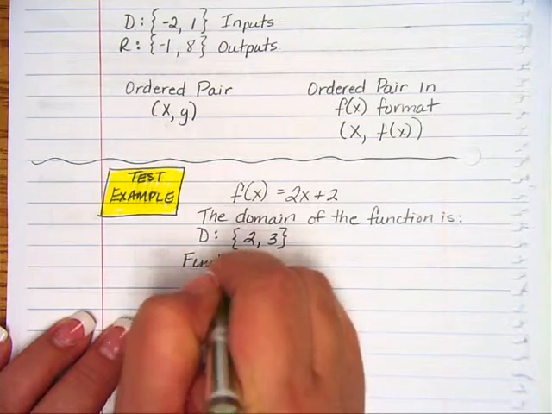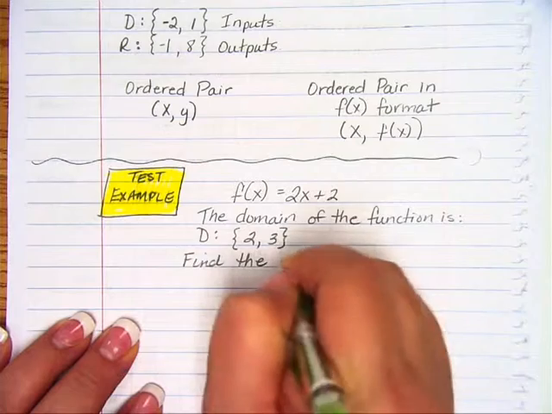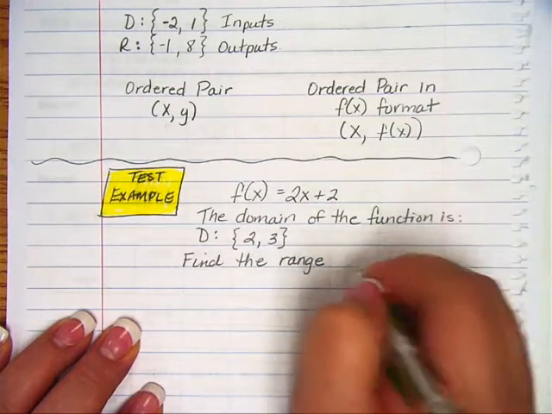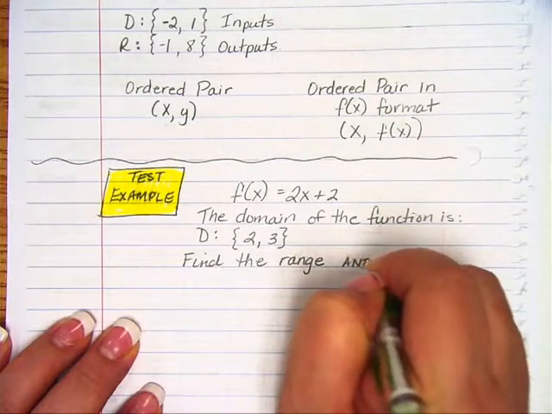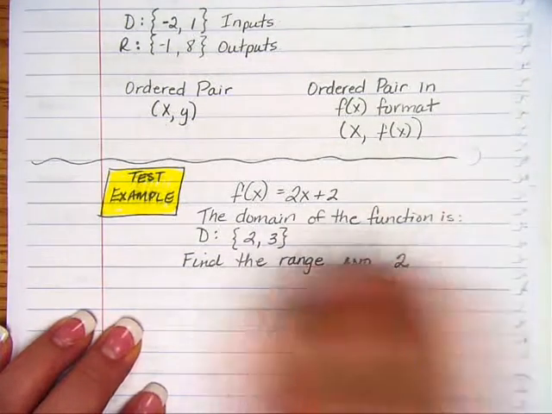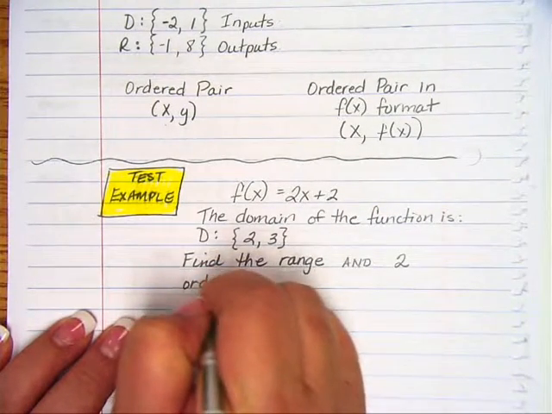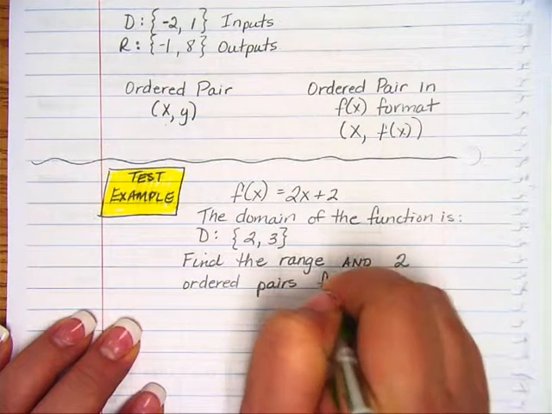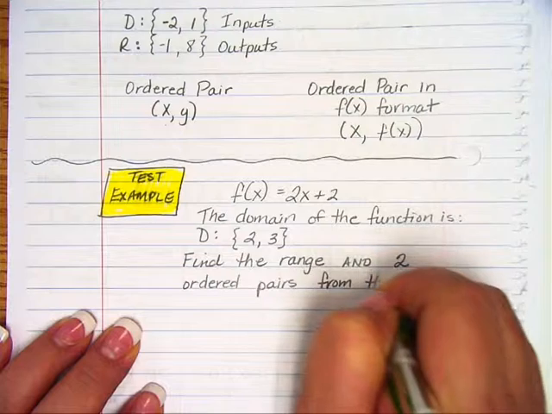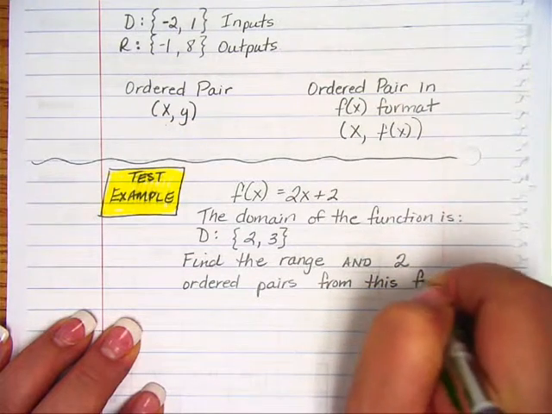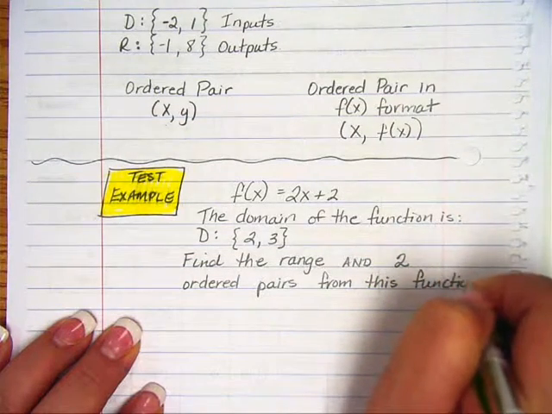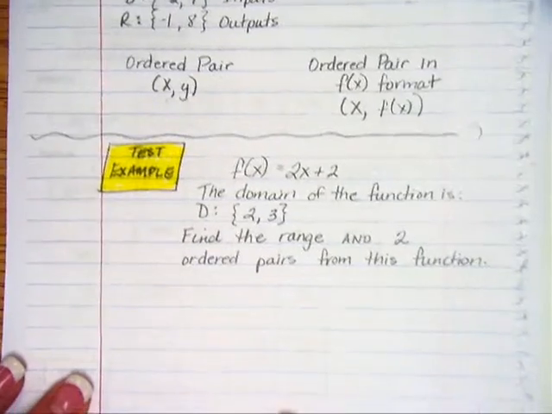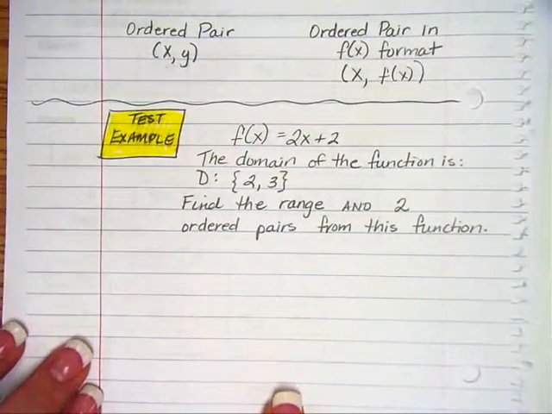Find the range and two ordered pairs from this function. How would you approach this problem?